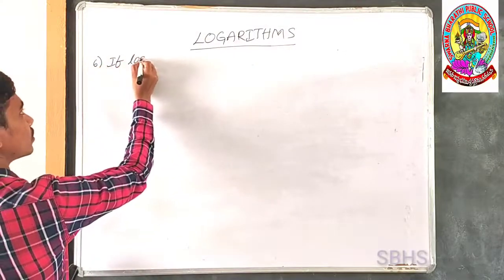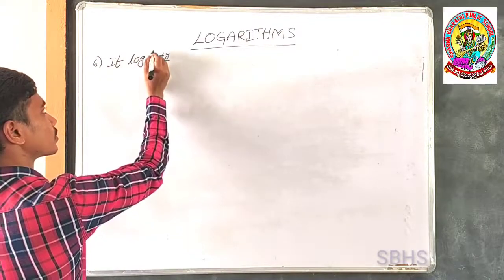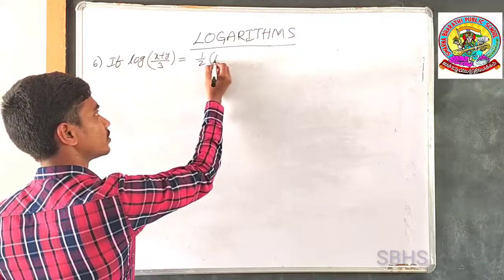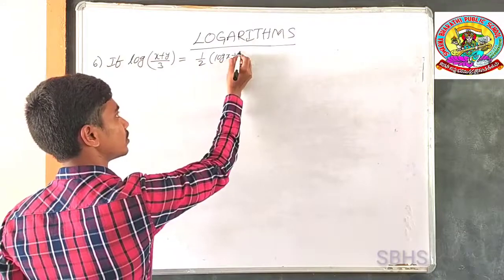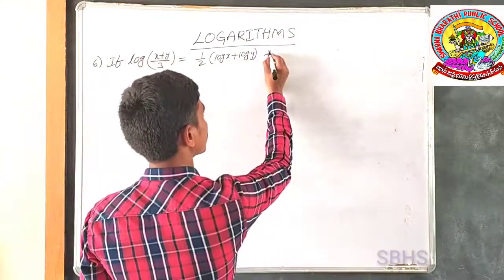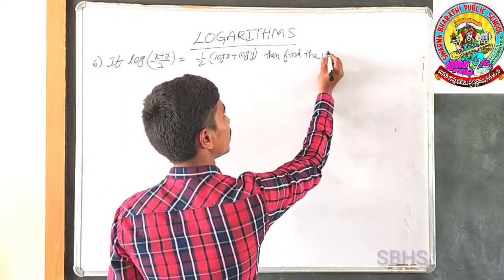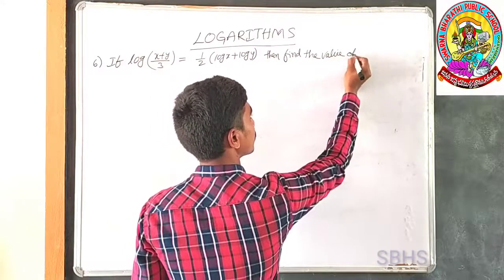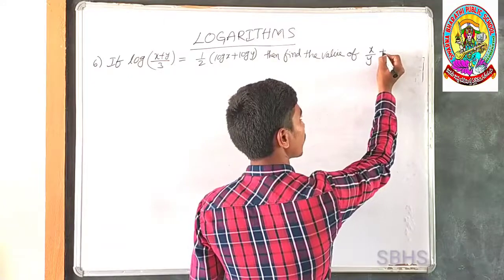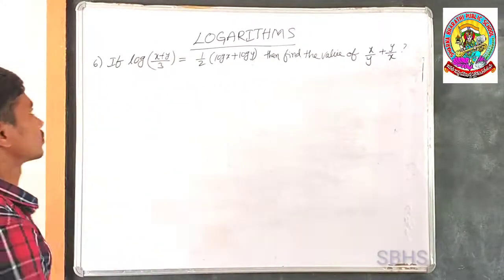If log ((x plus y) by 3) is equal to half into (log x plus log y), then find the value of x by y plus y by x.